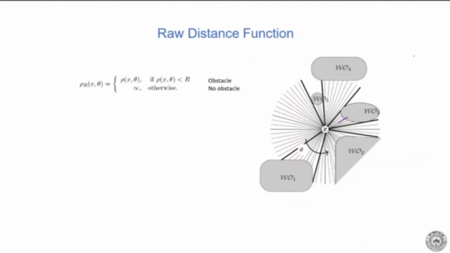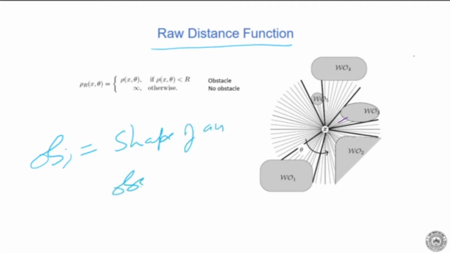Okay. So we define a distance function. Now, what is the objective of this distance function? The objective of the distance function is to find out the shape of an obstacle, right? We want to find the shape of an obstacle. So the distance function essentially consists of rho, which consists of x and theta. X is where the robot is in the workspace, and theta is the sweep angle.